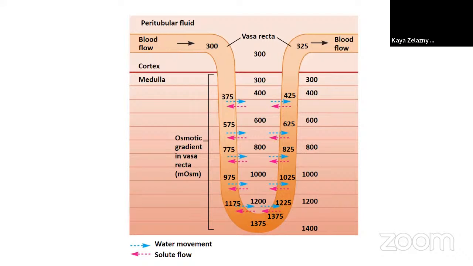We looked at the structure of the loop of Henle, as well as the structure of the vasa recta, all of which is creating this medullary osmotic gradient, where we have lower osmolarity at our baseline level of 300 in the cortex. Then as we go deeper into the medulla, we see increasing osmolarity up to about 1400 milliosmoles.